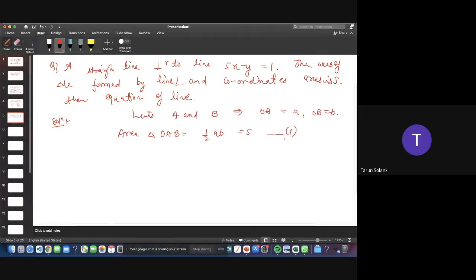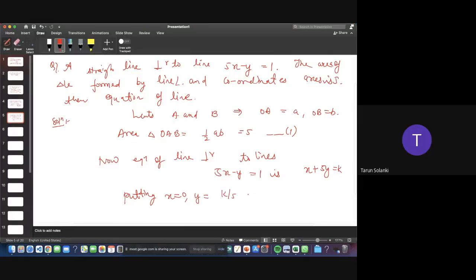Now the equation of the line perpendicular to 5x - y = 1 is x + 5y = k. Putting x = 0, we get k/5 = b, and putting y = 0, x = k = a.